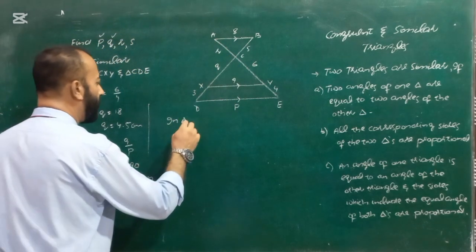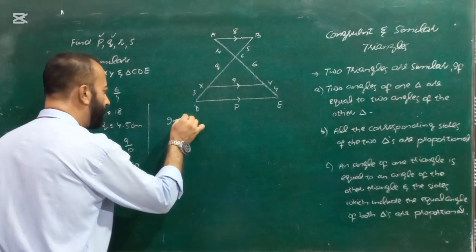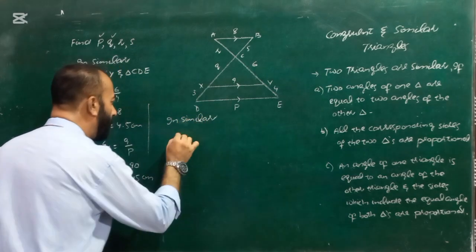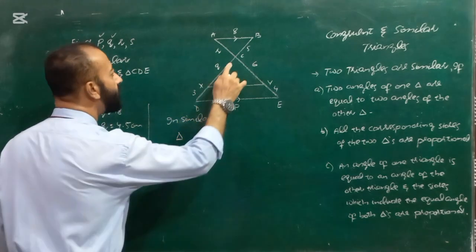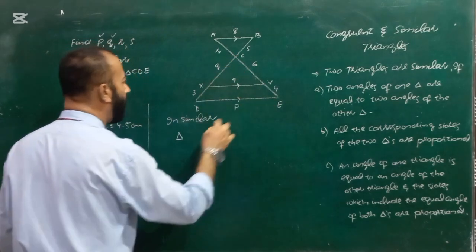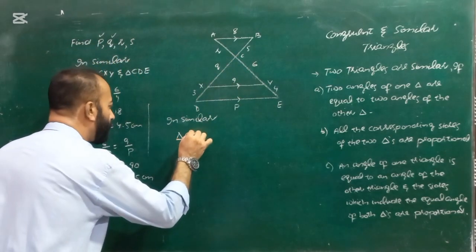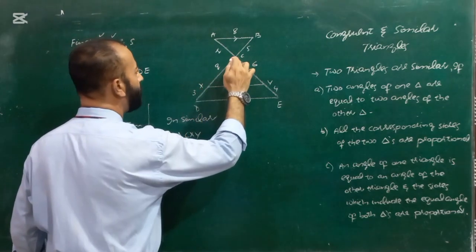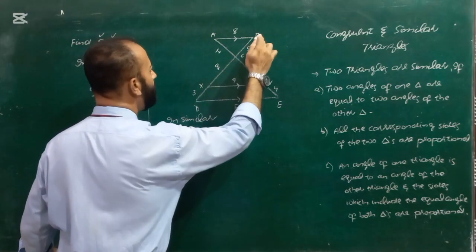So in similar triangles, triangle CXY. Look now, CXY. So we will move to CBA.